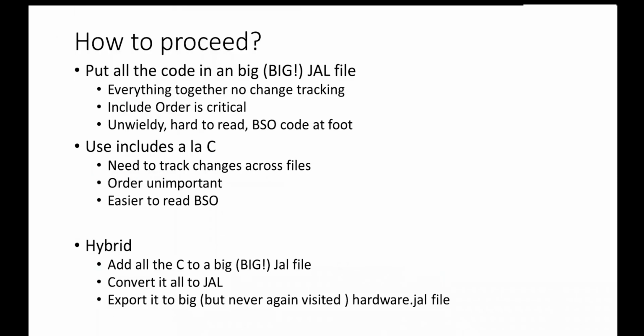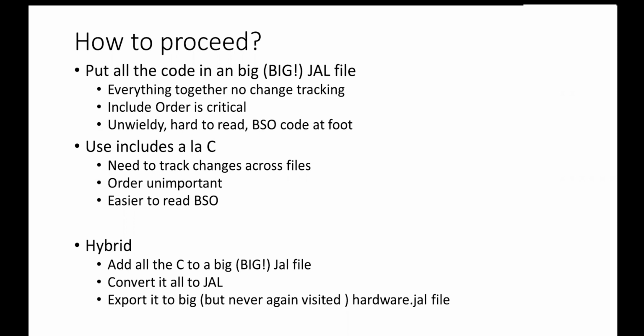So what I'm now going to do, well, that's a decision I've got to make. I could take all this code and put it into a great big JAL file and convert it. Take each line and convert it from C into JAL, and I'd be left with a great big JAL file that would compile. But we've already seen that JAL uses includes, so I can use includes in JAL. So I could equally well have lots of wee files that are all linked to each other. Each of those has got benefits and drawbacks.